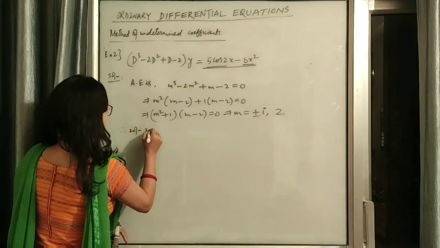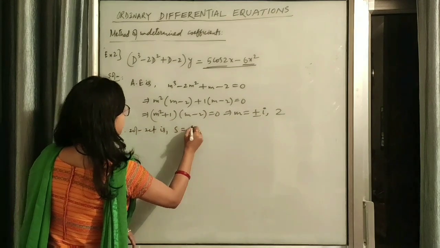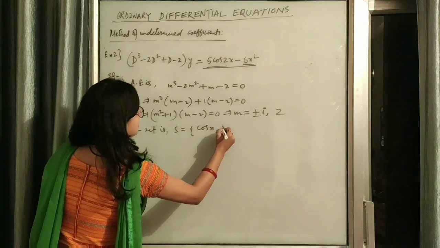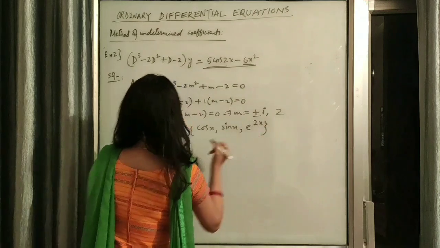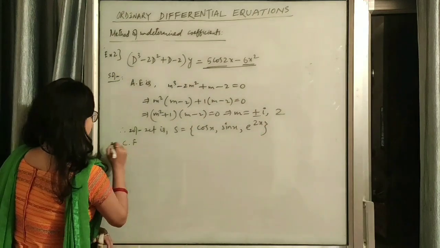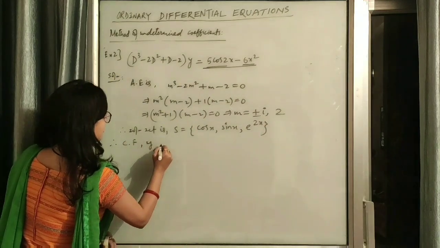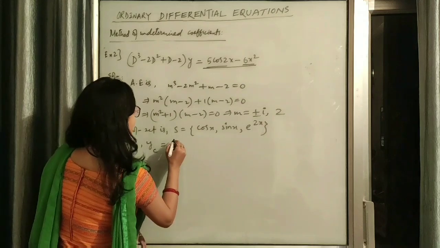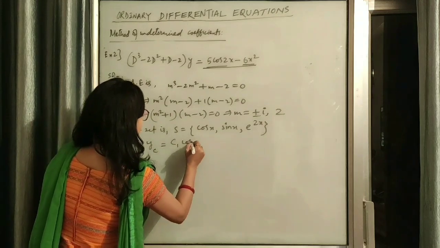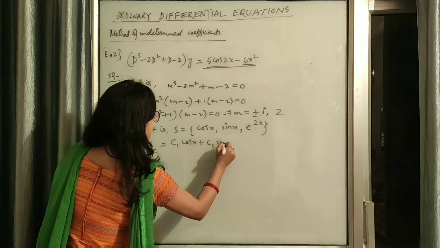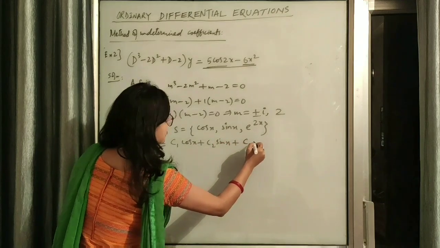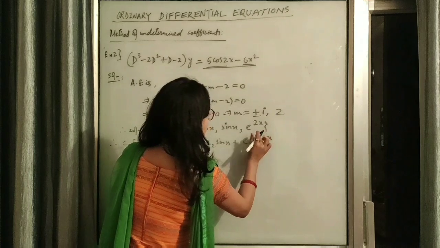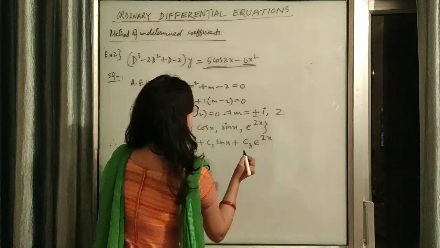So the solution set is cos x, sin x, e^(2x). Therefore CF is C1 cos x + C2 sin x + C3 e^(2x).